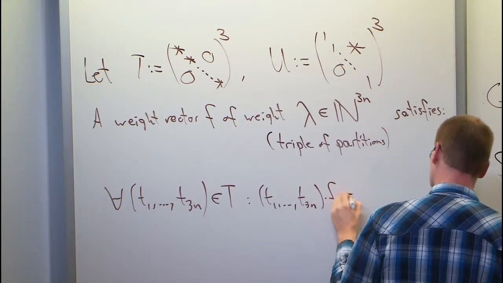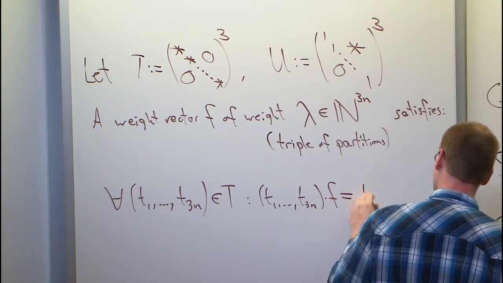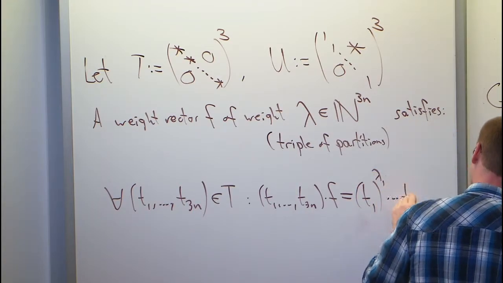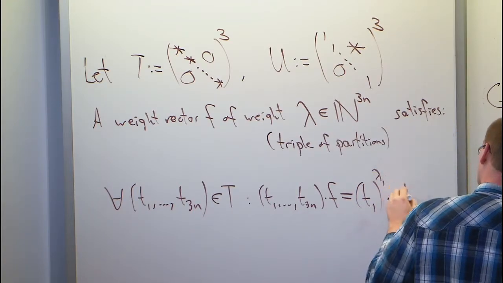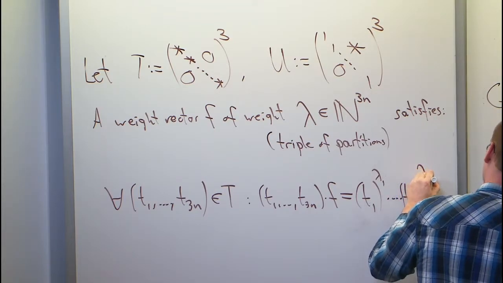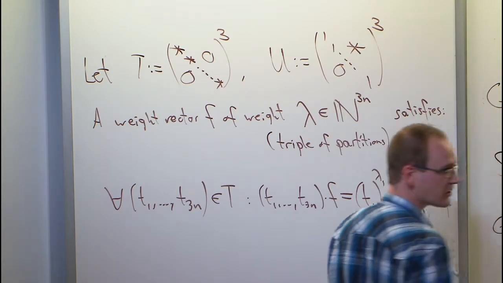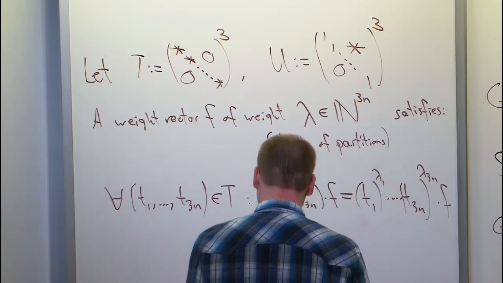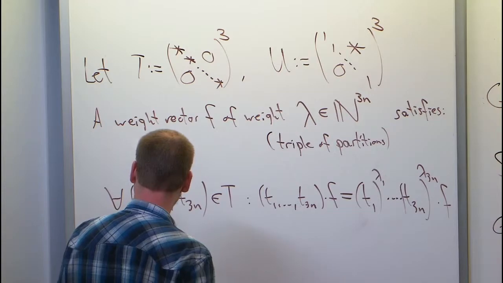It should just give T1 raised to the lambda 1 power, until T3n raised to the lambda 3n power. So your F will be just scaled. That's a weight vector.